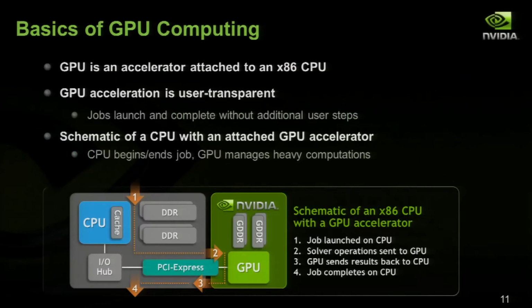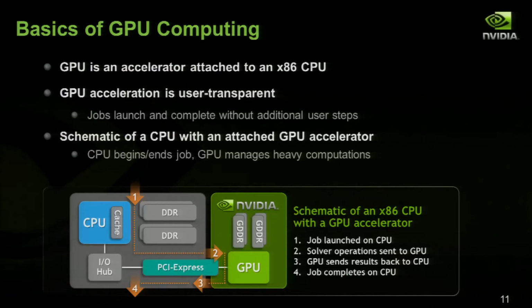So how can you leverage this computing power to accelerate CAE applications? This is a very basic description of GPU computing, which most of you are already familiar with. The idea is to use the GPU as an accelerator, because the major ISV codes have been written for CPUs for years and years.